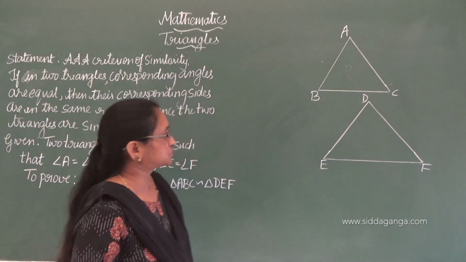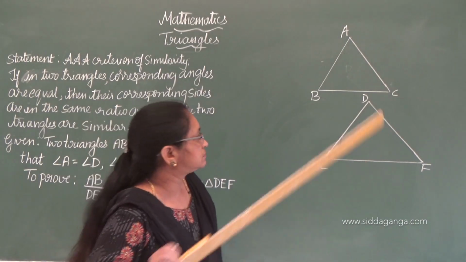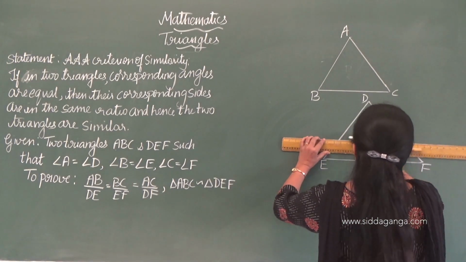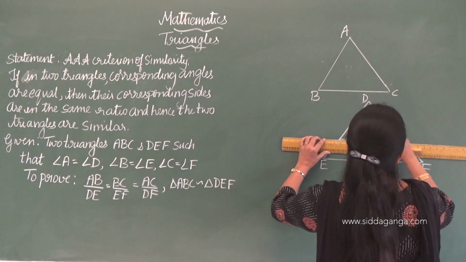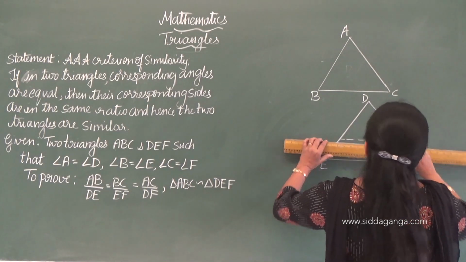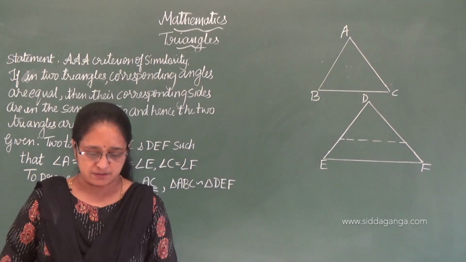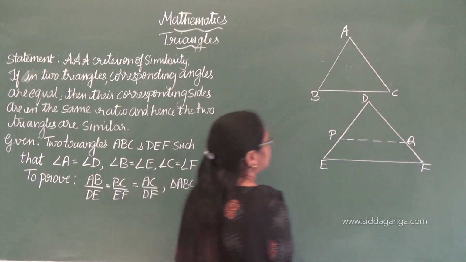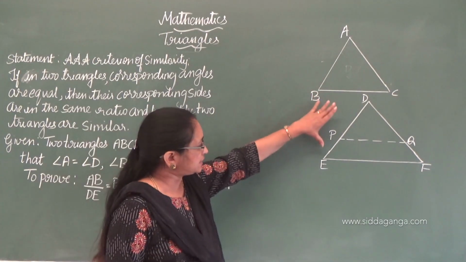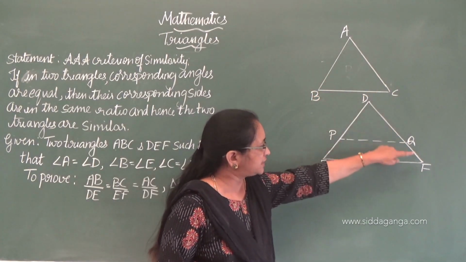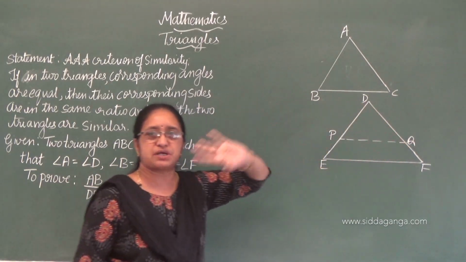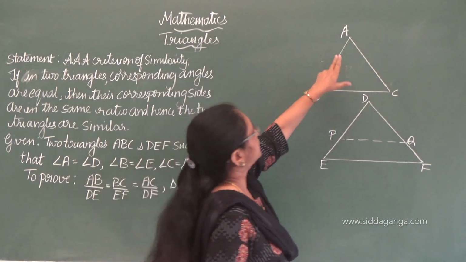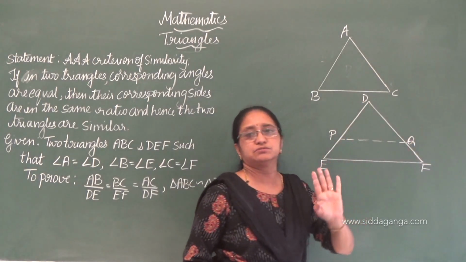So there is one construction here. Construction. I am going to cut DE at P and DF at Q such that AB is equal to DP and AC is equal to DQ.